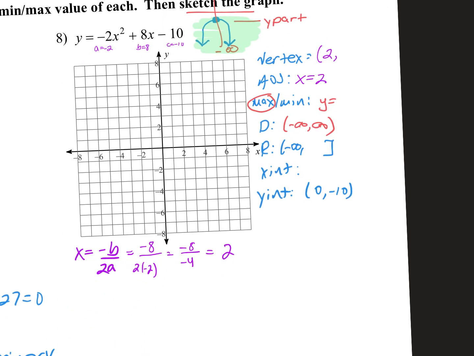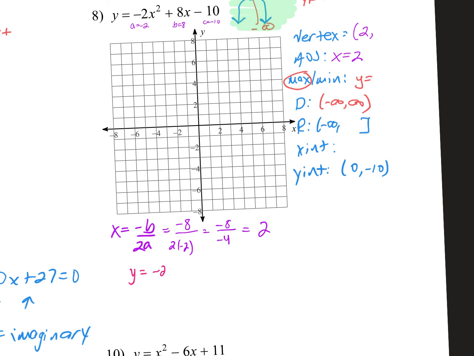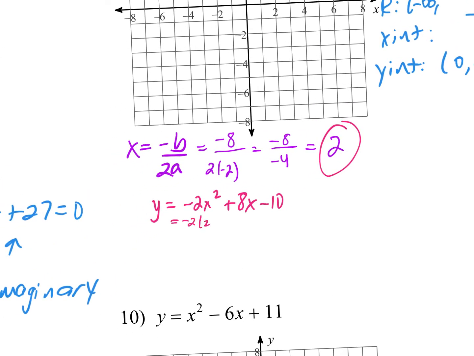I know the x part of my vertex is 2. Now, how do I go about finding the y part of my vertex, my max or min? What do I do to find that y value? You plug it in. So y equals, what's the equation? Negative 2x squared plus 8x minus 10. So I'm going to plug in 2 for x. So negative 2 times 2 squared plus 8 times 2 minus 10.